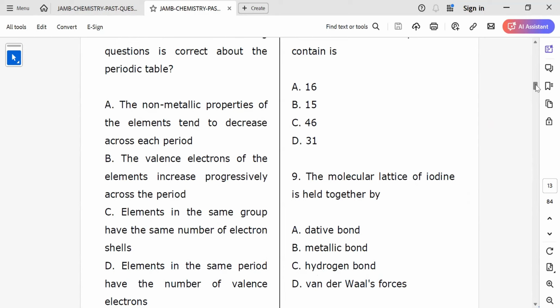No. Elements in the same group have the same number of valence electrons, not shells. So this describes the period of the element. And option D, elements in the same period have the same number of valence electrons. This option D is also not correct. This describes the group. So it means that option B is the correct answer.